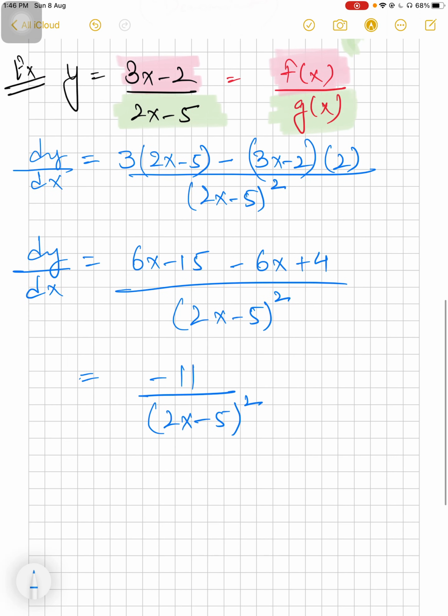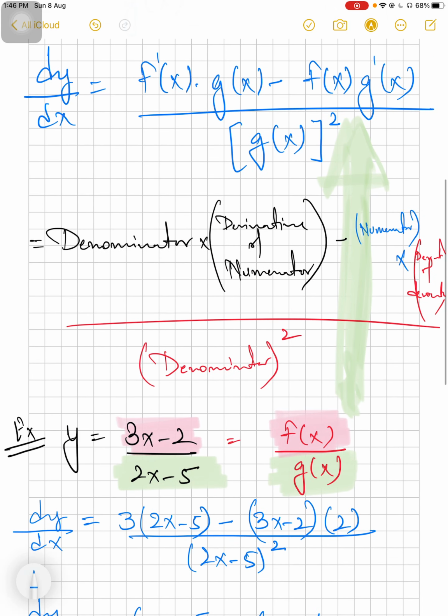That is how you are going to approach a problem given in this form. Please try to see more examples, and try to understand how your quotient rule works when you have two functions given to you, one in numerator and another in denominator.